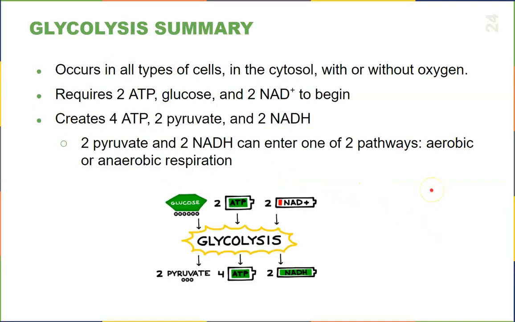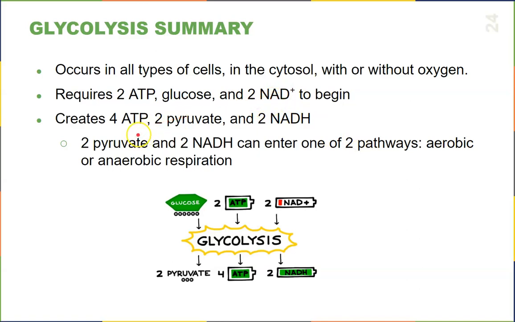So in summary of glycolysis, it occurs in all types of cells: prokaryote, eukaryote, plant, animal, fungi, protist, all of the above. It occurs in the cytosol, and oxygen doesn't really matter if it's present or not present. It's going to happen either way. What it requires to begin are 2 ATP, a glucose molecule, and 2 oxidized NAD molecules.